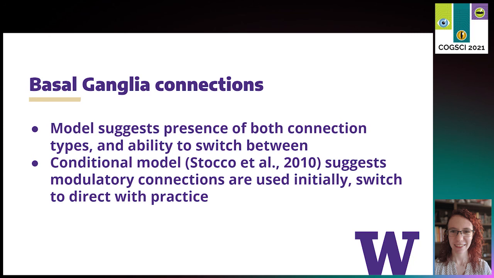A potential future direction could incorporate some ideas about a conditional model, which suggests that initially, modulatory connections are used when the task is unfamiliar, but with practice, the switch is made to direct. Alternately, it may be that some tasks are simply better suited to different types of connectivity.